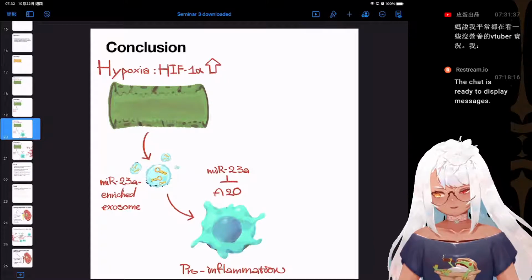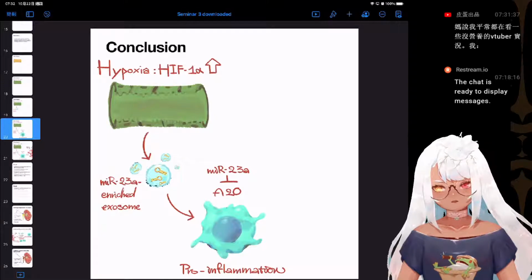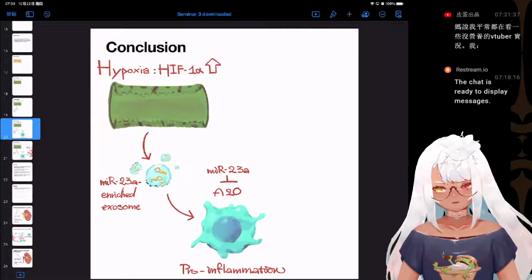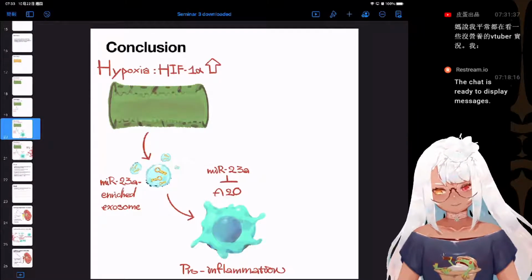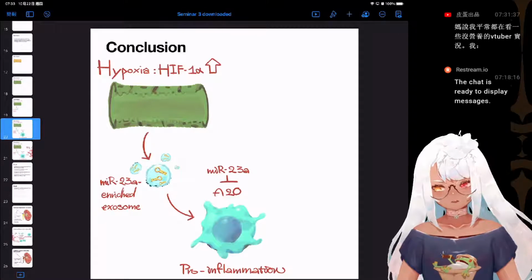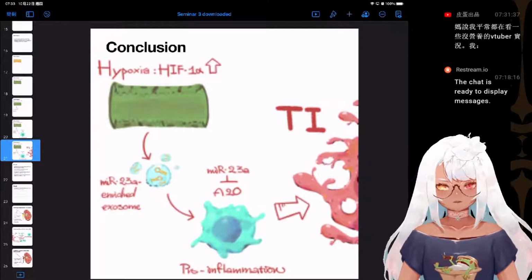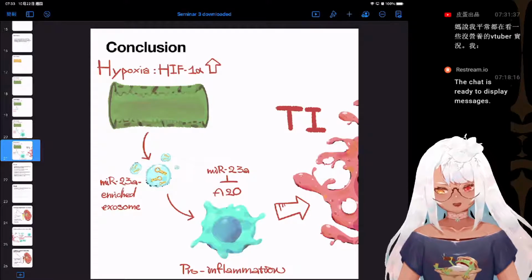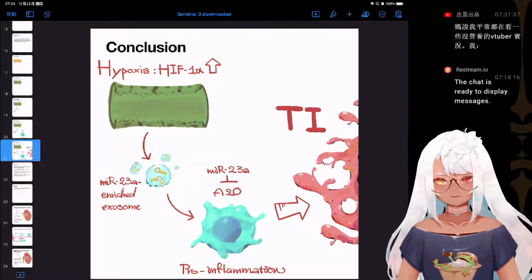As a result, inside the macrophage, miR-23a will inhibit A20, which is a negative regulator of NF-kappa B. So with the negative regulator shut down, NF-kappa B will increase, and the macrophage will be reprogrammed into a pro-inflammation state. Finally, the consequence of this whole process is the development of TIN, tubular interstitial inflammation.